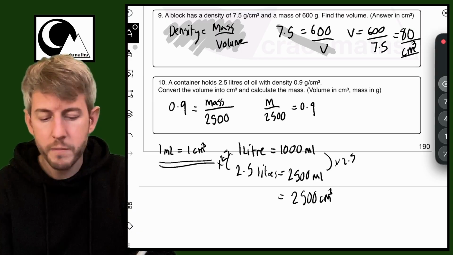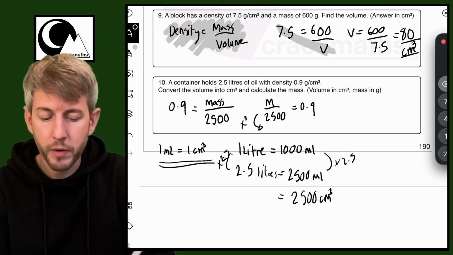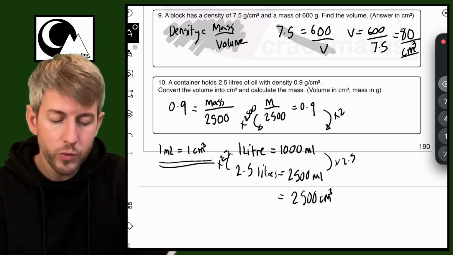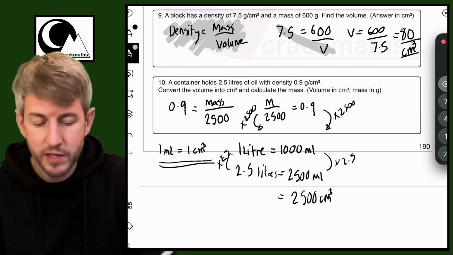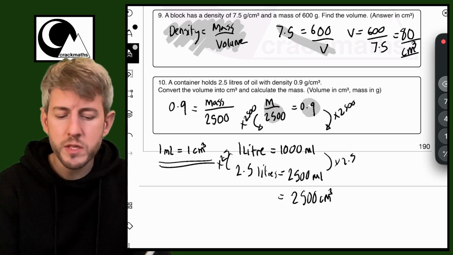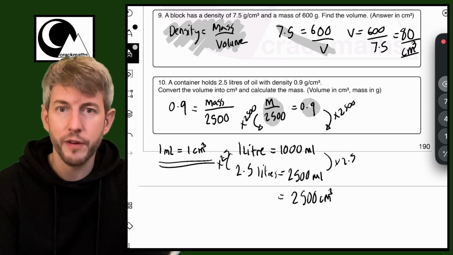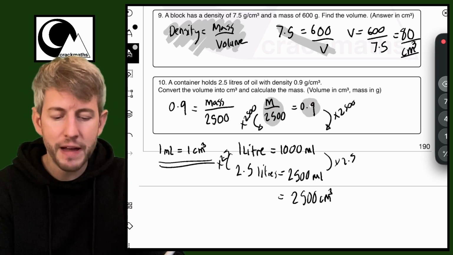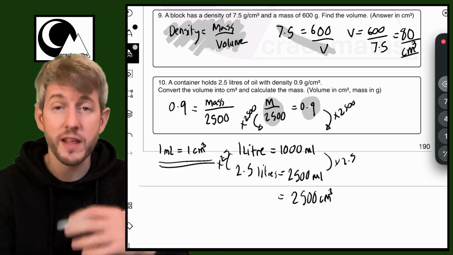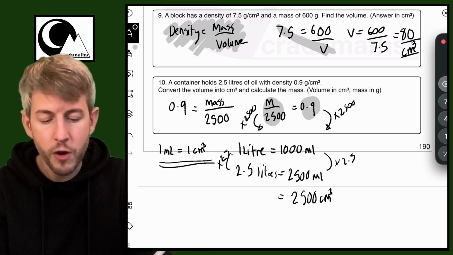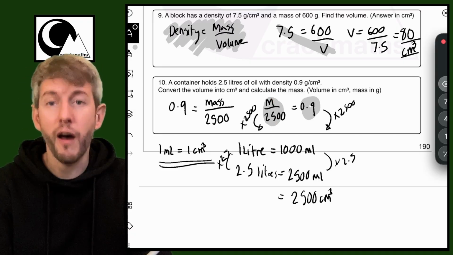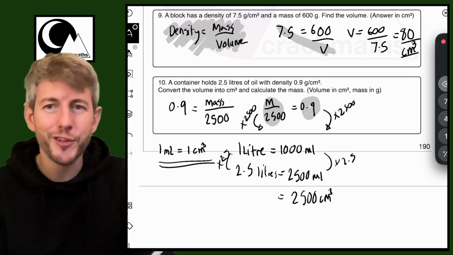So we need to times both sides here by 2,500. Now remember, we can do that because the equal sign tells us that this quantity is the same as this quantity. So if we multiply this quantity by 2,500, we'll get the same value as if we multiply this quantity by 2,500 because they're both the same. Okay, so m divided by 2,500 times by 2,500 just leaves us with m.